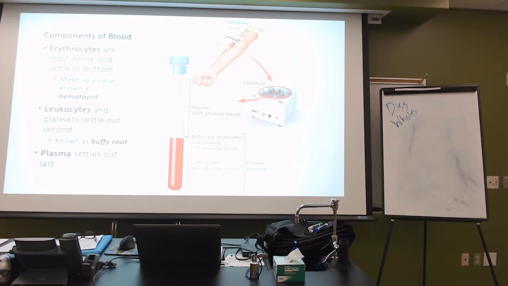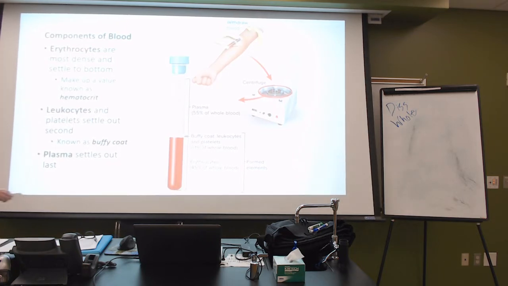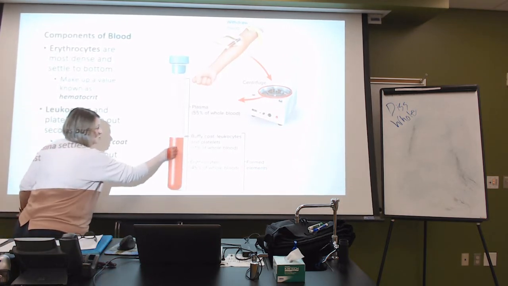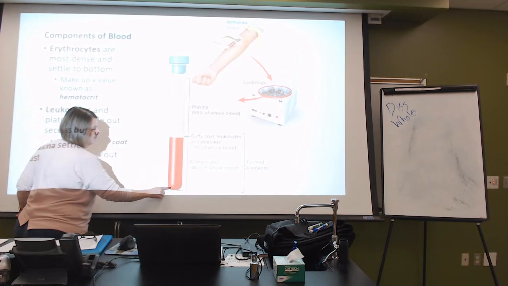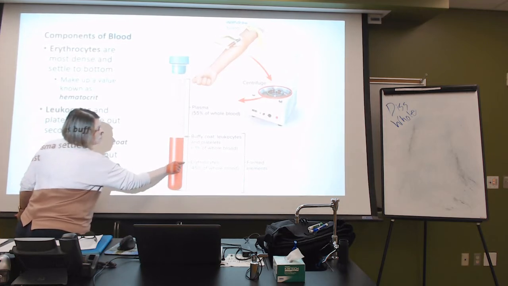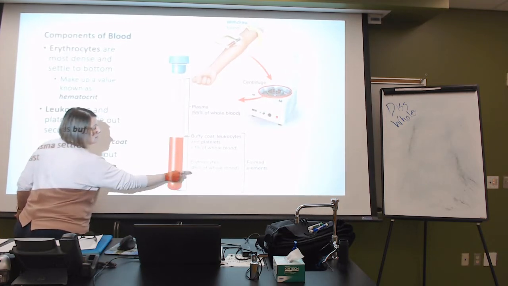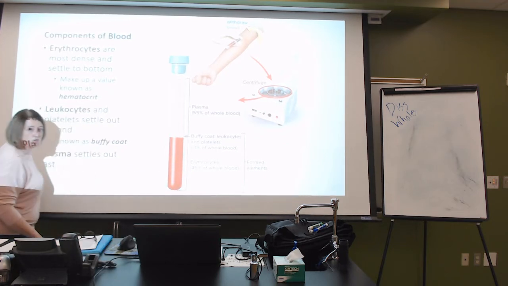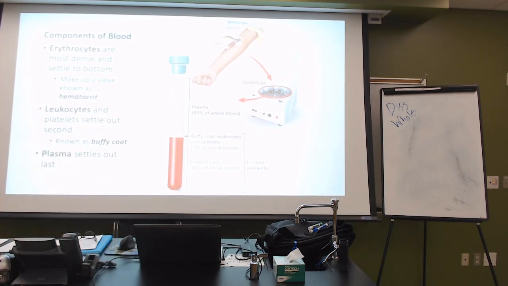The rest would be the plasma. So those red blood cells, they should be settling to the bottom. These are our erythrocytes, and they should make up a huge portion of the blood.